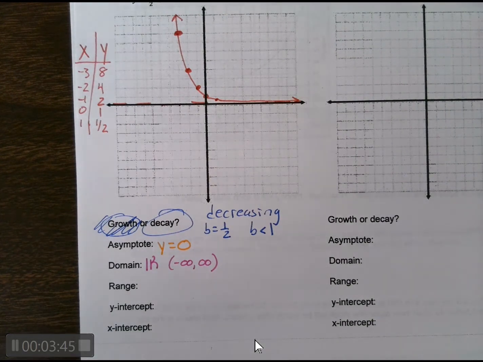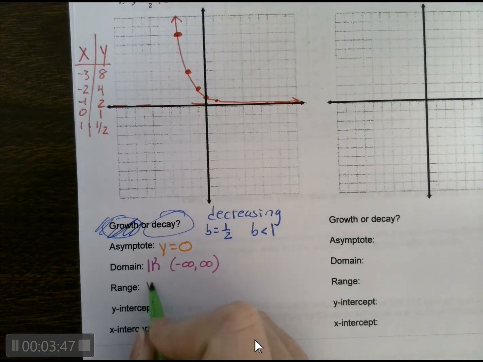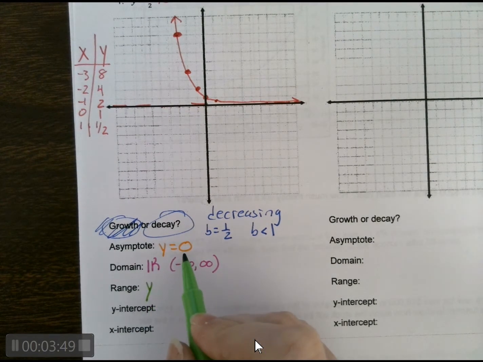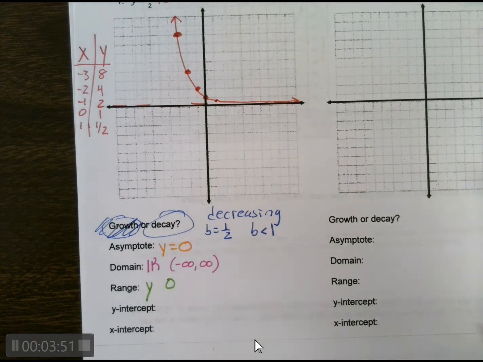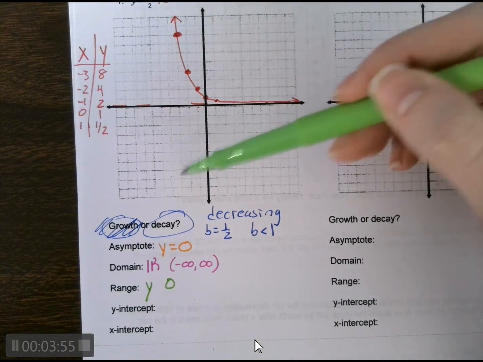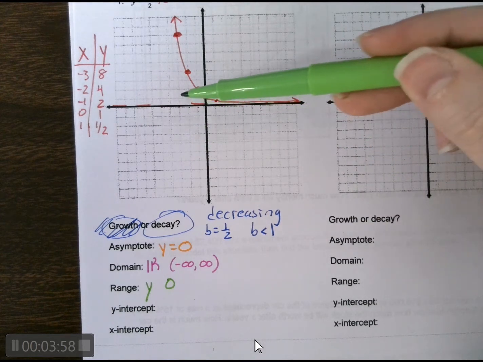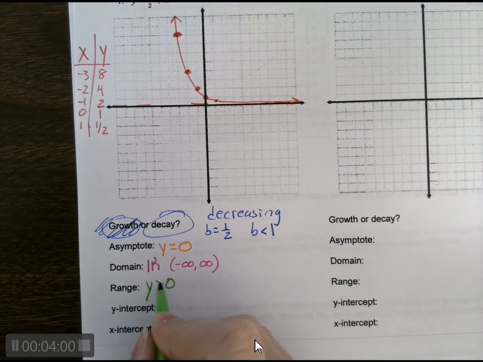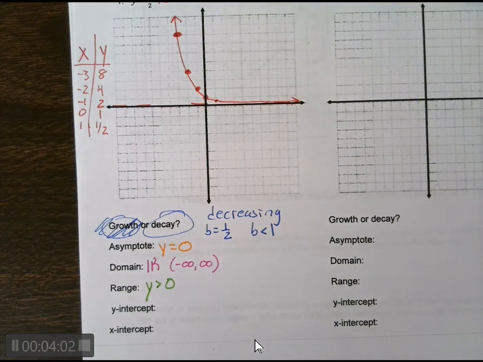And then our range, remember, it's always going to be y and our asymptote value. And then we just have to look at our graph. Is our graph above or below our asymptote? It's above it, so y is going to be greater than.